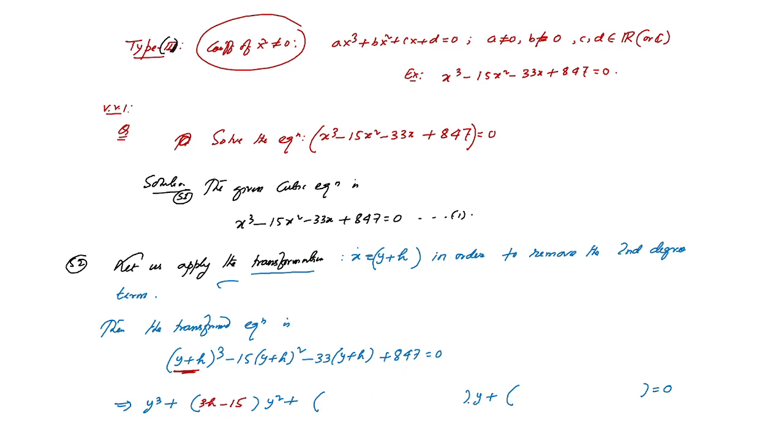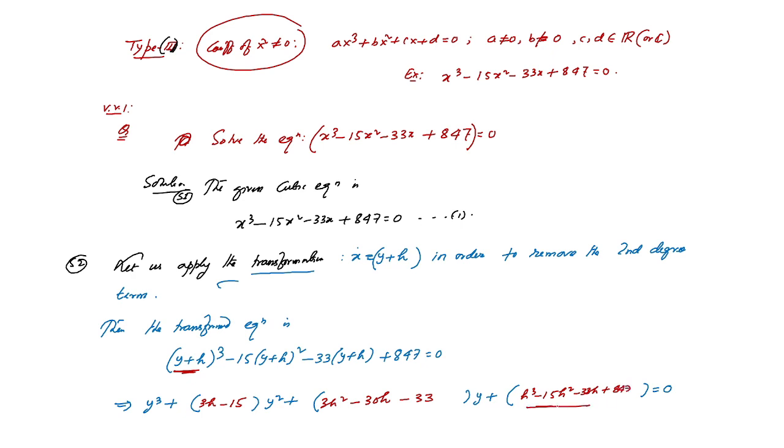Now we come to the y coefficient. That will be 3h square from here, minus 30h from here, and minus 33 from here. And the constant term will be h cube minus 15h square minus 33h plus 847.